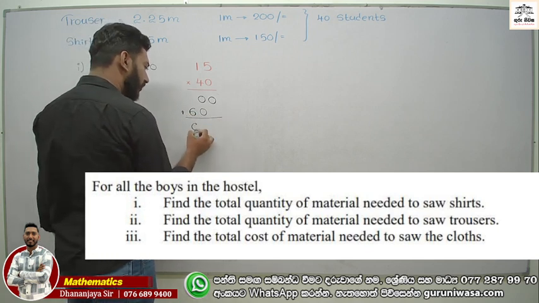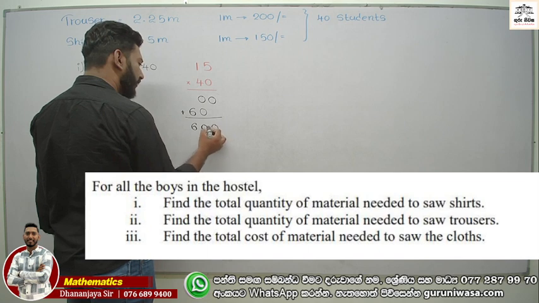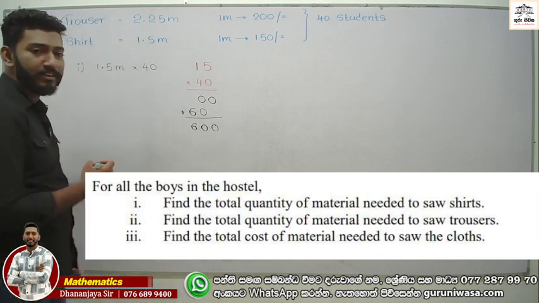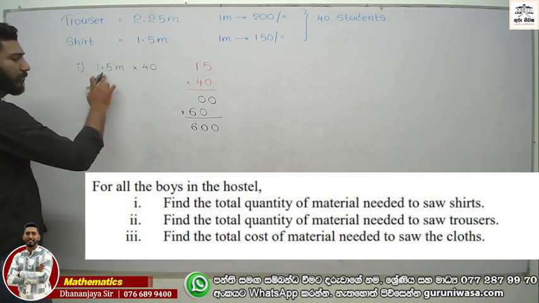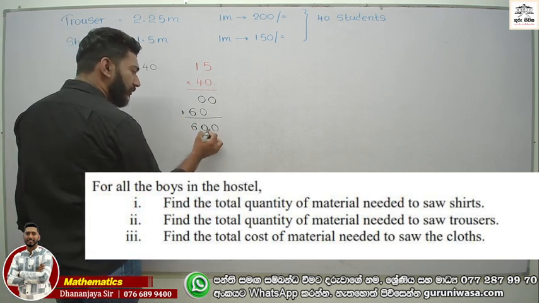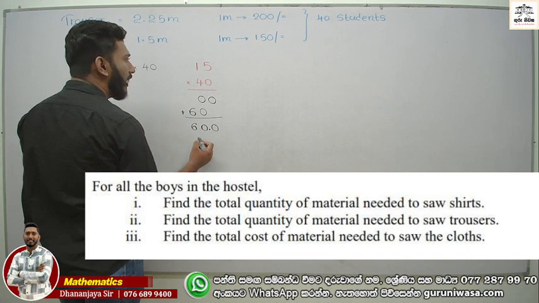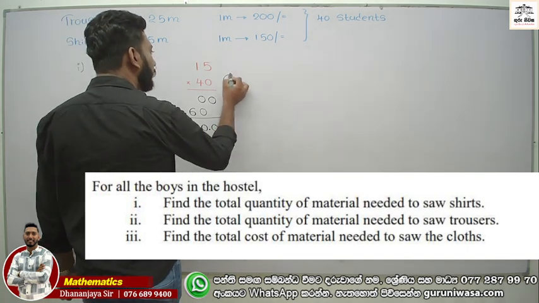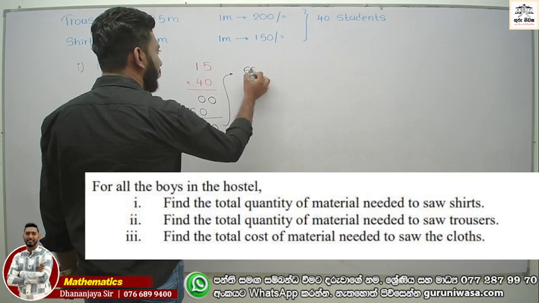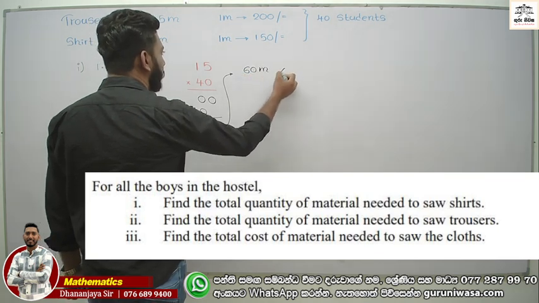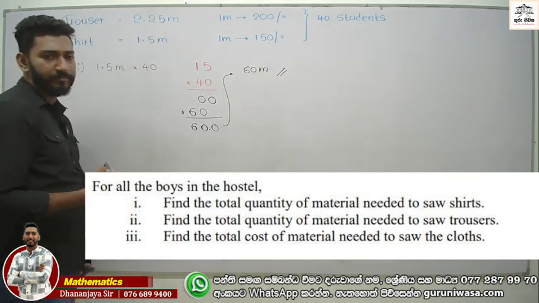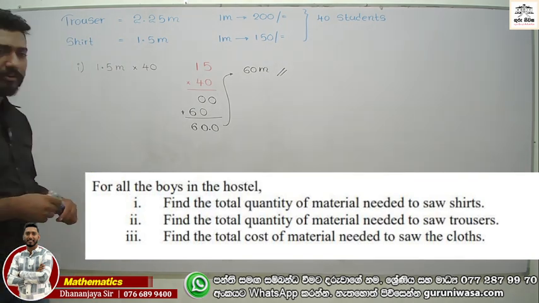The answer becomes 600, but there is one decimal place, so you need to skip one decimal place. Now the answer becomes 60 meters needed. Right. Question number 2.